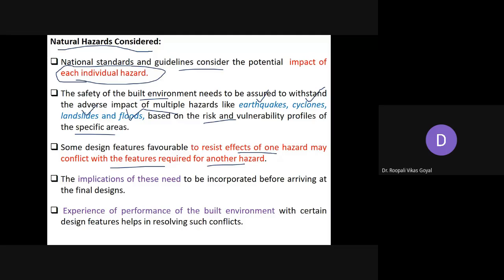So here I will give you a very simple example. If your particular region or city or your particular area is prone to earthquake as well as flood, okay, so if you want to consider that कि earthquake resistant structure is to be there, so in that case you will like to reduce the height कि भाई tall structure नहीं होना चाहिए, थोड़ा नीचे रहे तो अच्छा है, ठीक है.